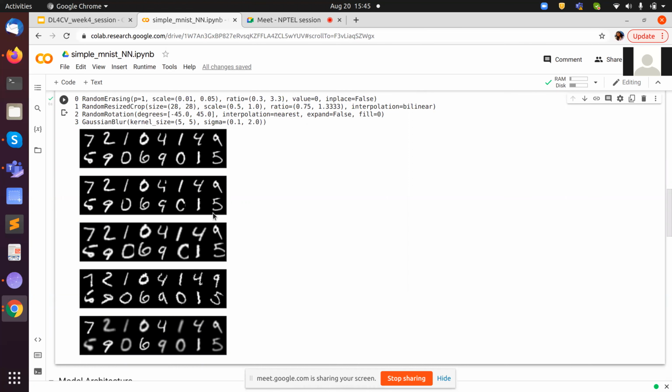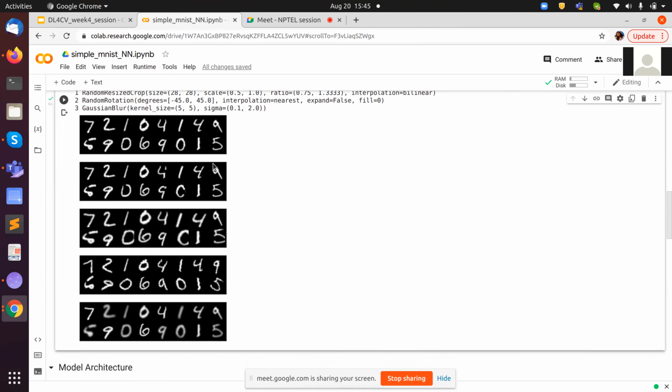So that's why this 5 seems to be enlarged and is slightly cropped here. The next is random rotation, in which this image of 5 has been randomly rotated by a certain angle less than 45 degrees and greater than 0. And this is the image in which the 5 has been blurred. So these are the different ways of augmenting the data set during training. And this works as a regularizer while training the neural networks.